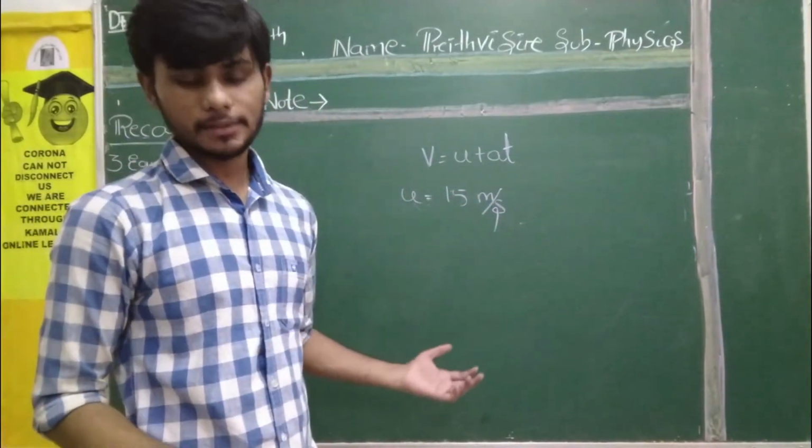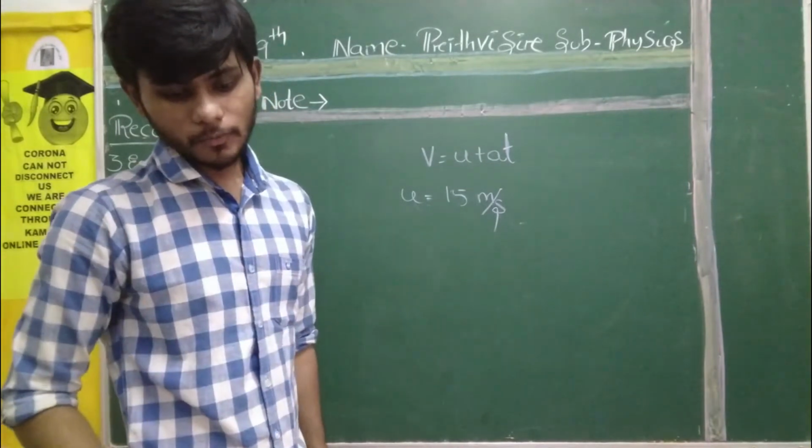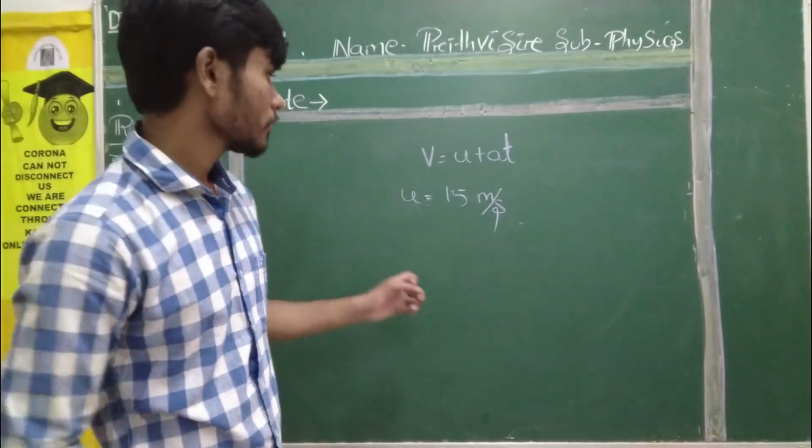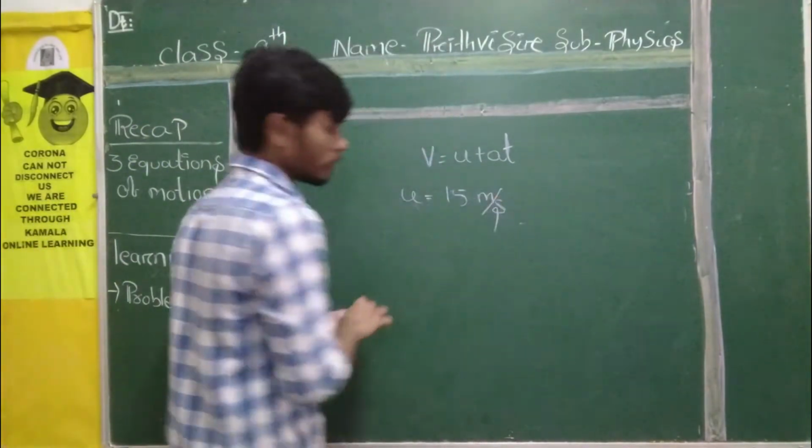The primary objective is done. Next, from v is equal to u plus at, we get that t is equal to v minus u by a, right? Time is equal to t.